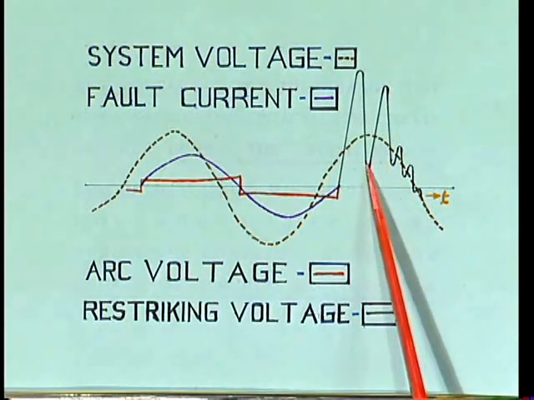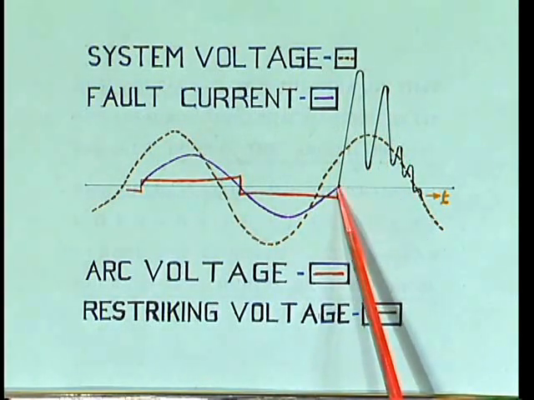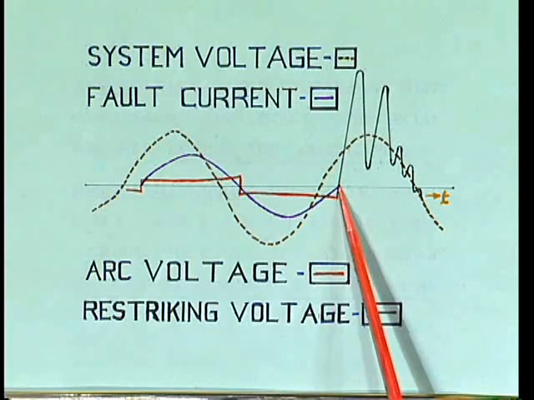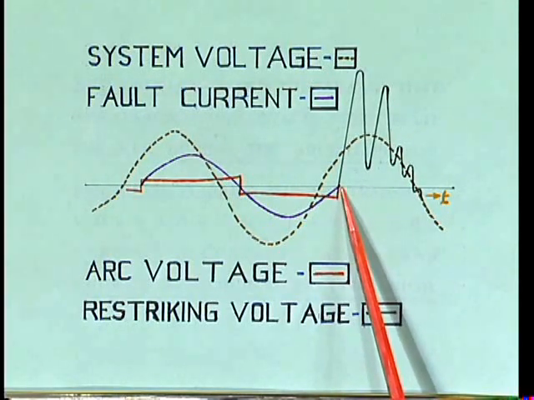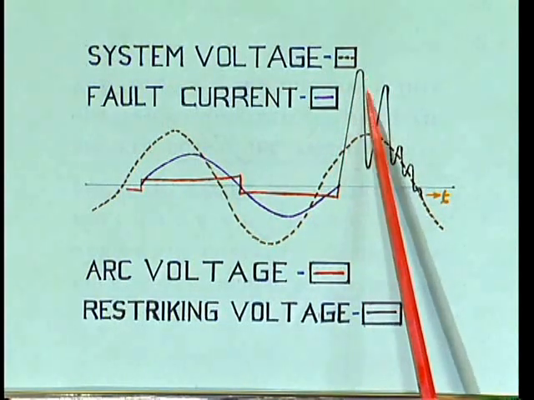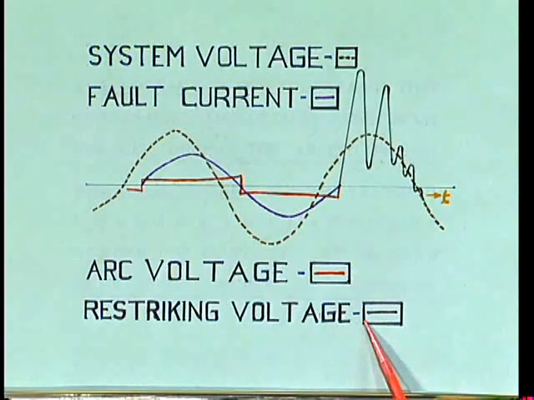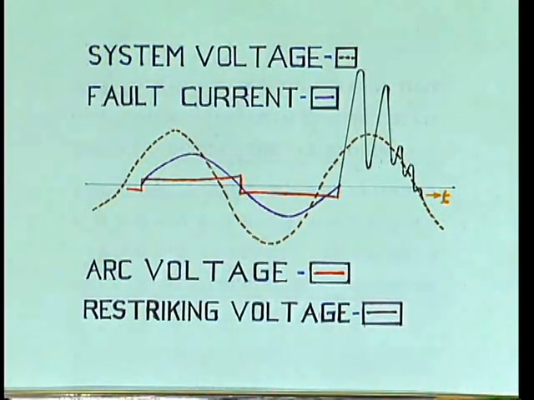It is formed due to the energy distribution of electrical and magnetic fields. Due to the distribution of magnetic and electrical fields, a high voltage, high frequency voltage is developed. That is what we call the restriking voltage. This is suppressed by using the dielectric strength of the medium.